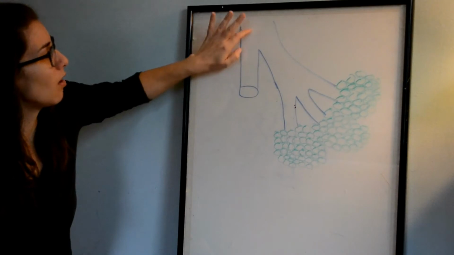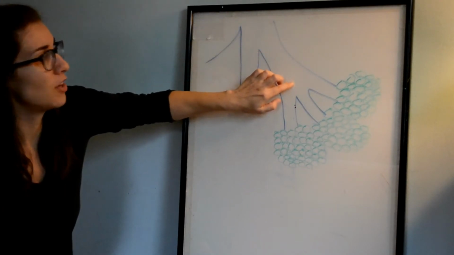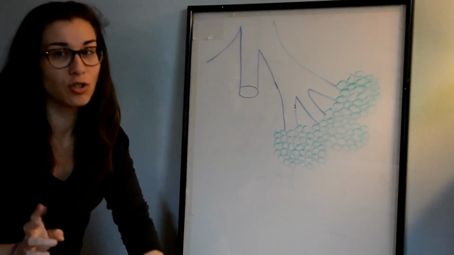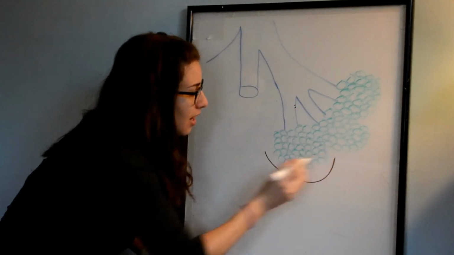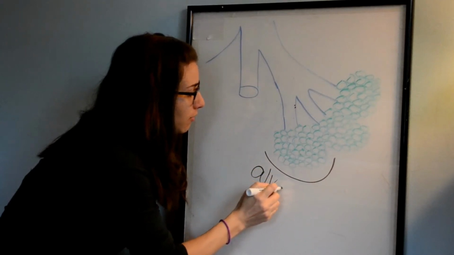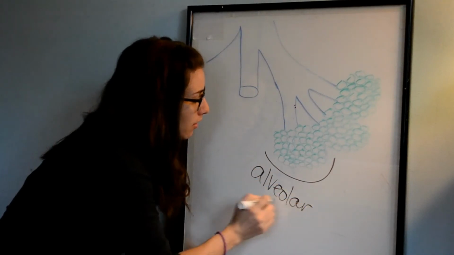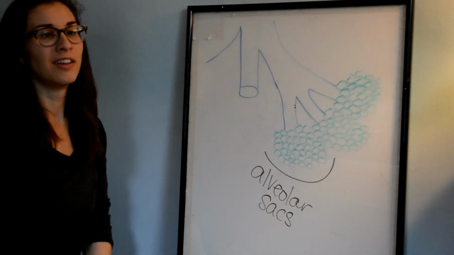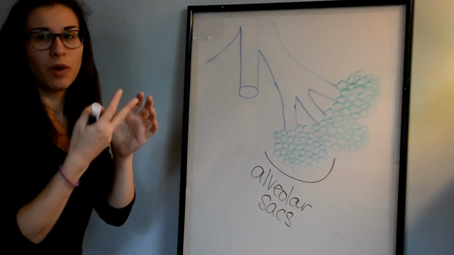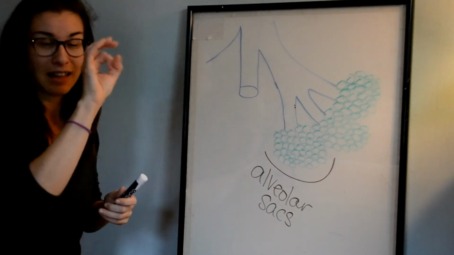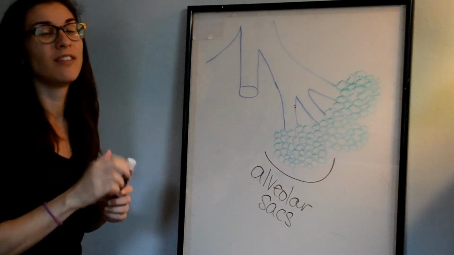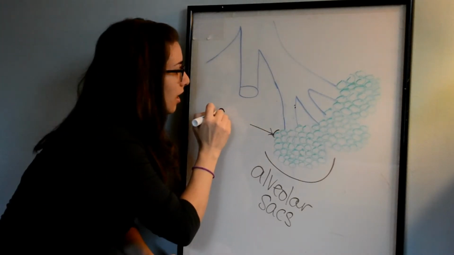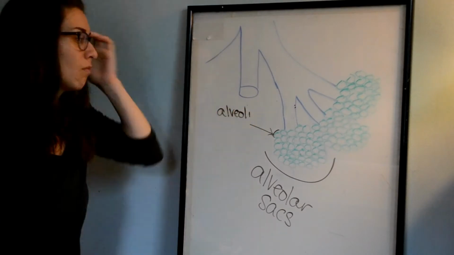So this is our bronchiole, and then it branches off into the terminal bronchioles, which have our alveolar sacs, which are super cute. So these guys are the alveolar sacs. Now these, they look like bunches of grapes right off the vine, so you can think of them like that. They have these little beads or alveoli. So each individual one is an alveoli.